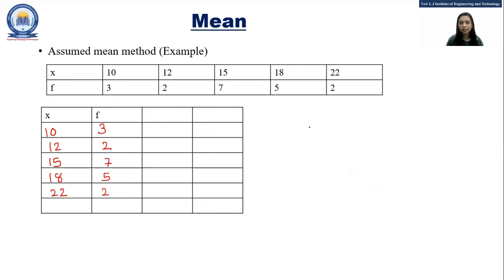As we have discussed, we can calculate the mean through the assumed mean method, that is equal to sigma fd divided by capital N, where d is equal to x minus a and a is the assumed mean. So let's take the value of a as 15. So 10 minus 15, that is minus 5, 12 minus 15, that is minus 3, 0, 18 minus 15, that is 3 and 22 minus 15, that is equal to 7.